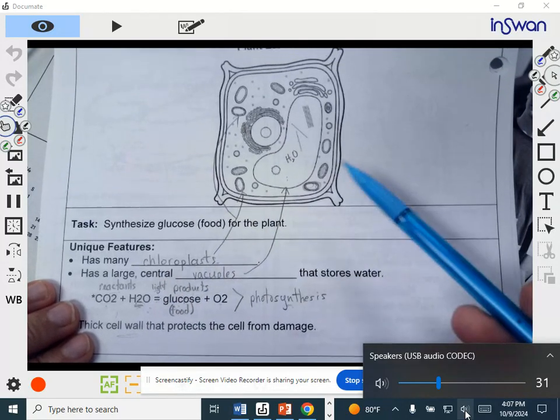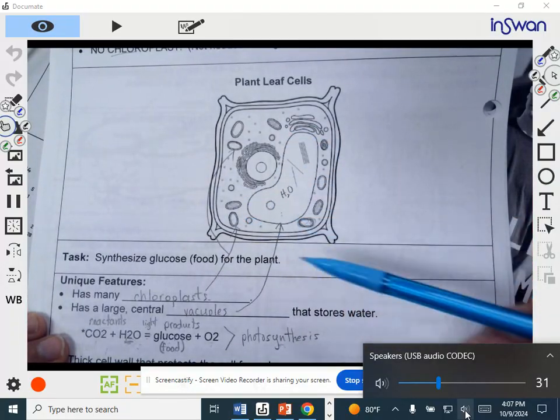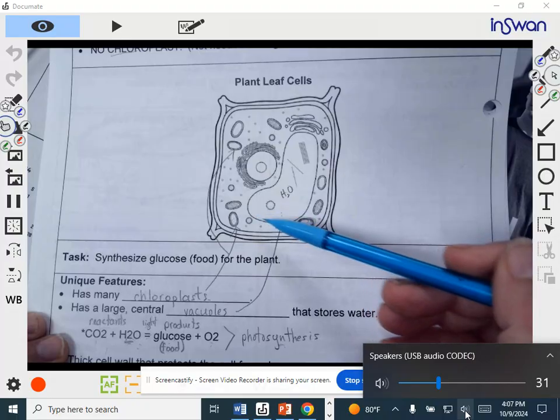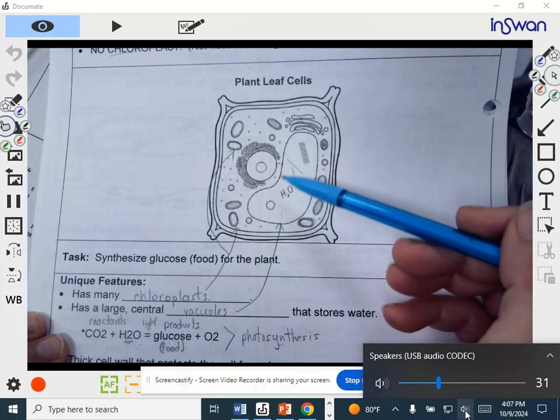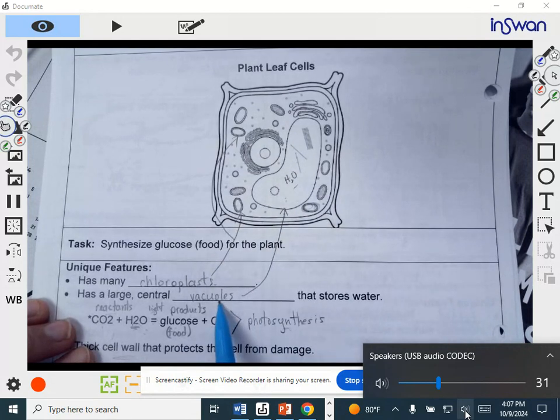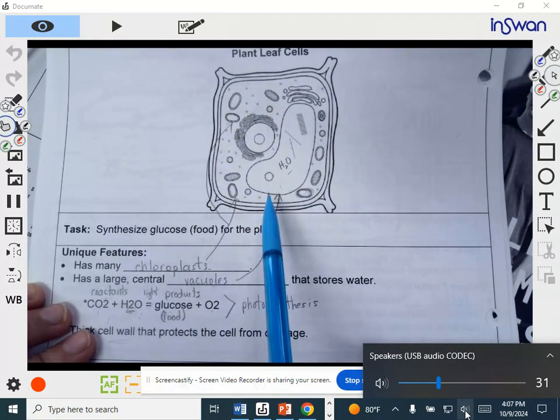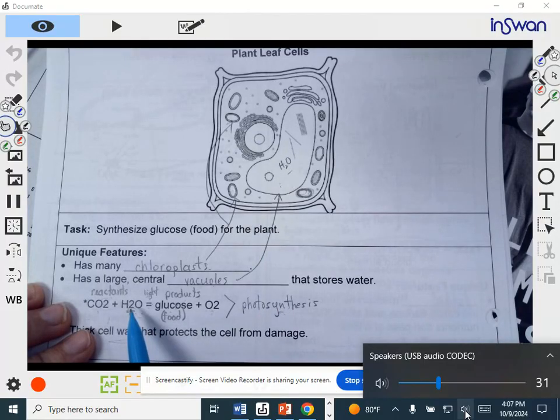Now, if you look at a leaf cell, you're also going to see that they have really big vacuoles. This is actually a pretty small vacuole compared to what we really see in most leaf cells. And I put some water in there so you know that vacuoles store water, and that's going to be beneficial for this cell because to do photosynthesis, a plant must have water.